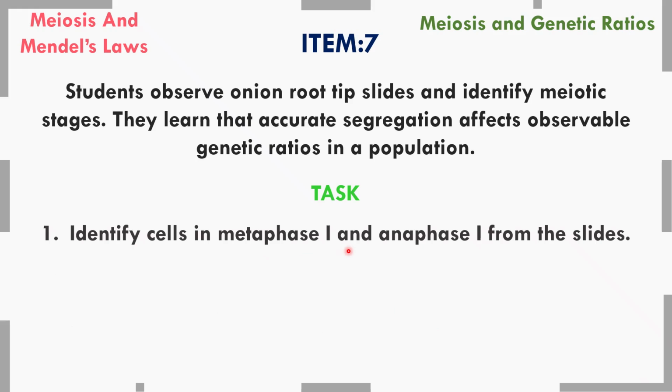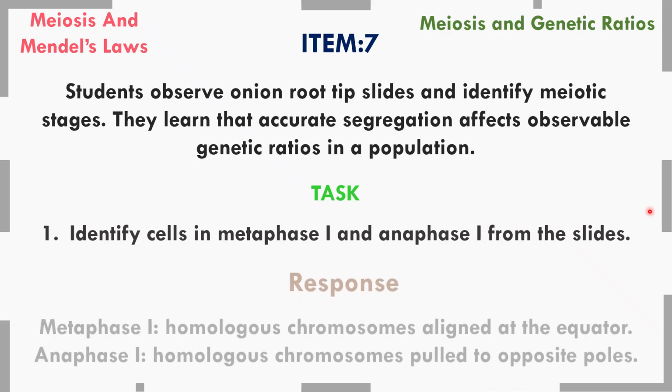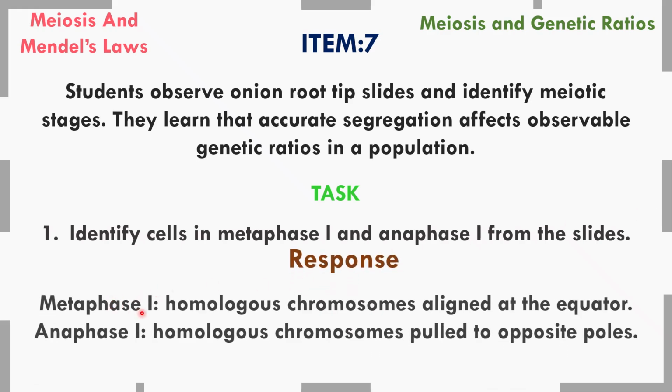Identify cells in metaphase 1 and anaphase 1 from the slides. In metaphase 1, homologous chromosomes align at the equator. In anaphase 1, homologous chromosomes are pulled to opposite poles.